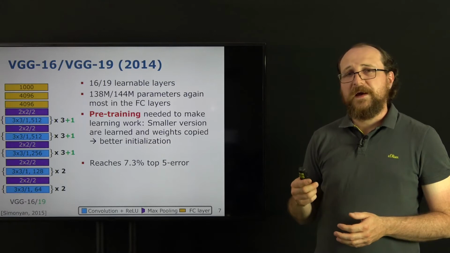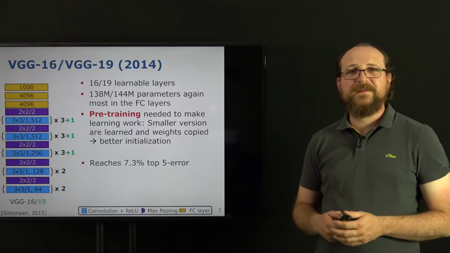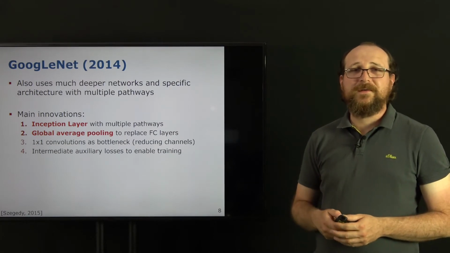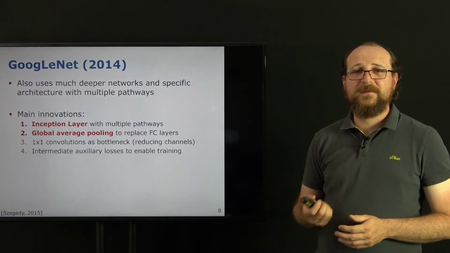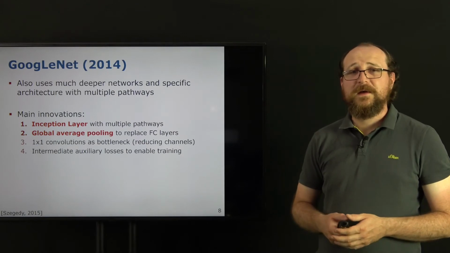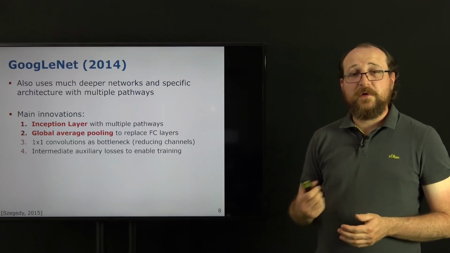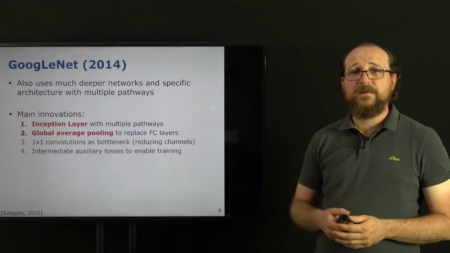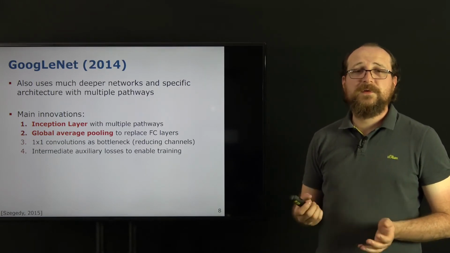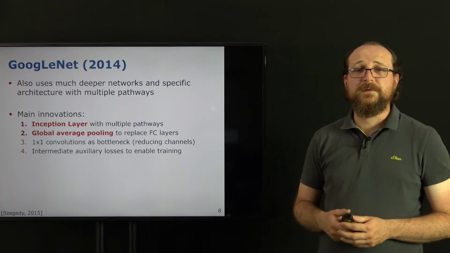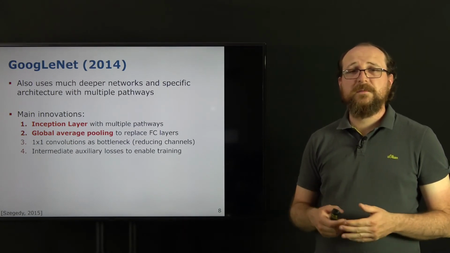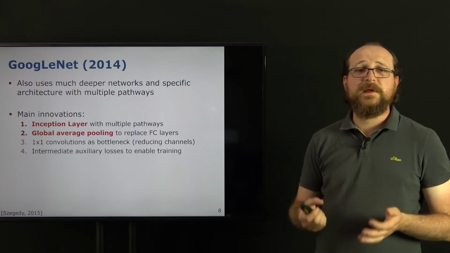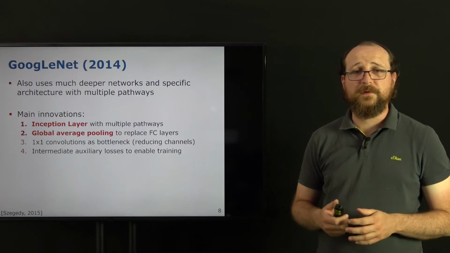Unfortunately, in this year, another approach was also proposed, which even reduced the top 5 error again. This was the so-called GoogLeNet, which also used deeper networks. So this was basically the trend to increase the depth of the networks, and they used a specific architecture with multiple pathways. Why I'm mentioning it here is because there were also some innovations that are used later for other networks.